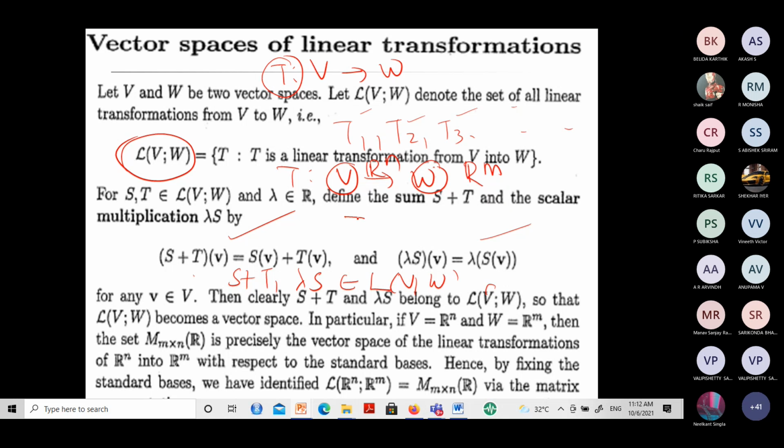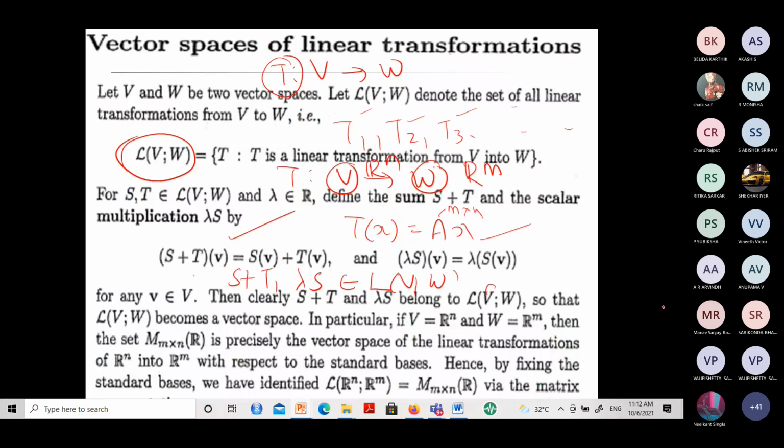I have an element x belonging to R power n, an n by 1 vector, but it is being carried to an m by 1 vector. How to do that? What will be my linear transformation? I need to multiply by an m by n matrix. T of x is Ax, where A is an m by n matrix.